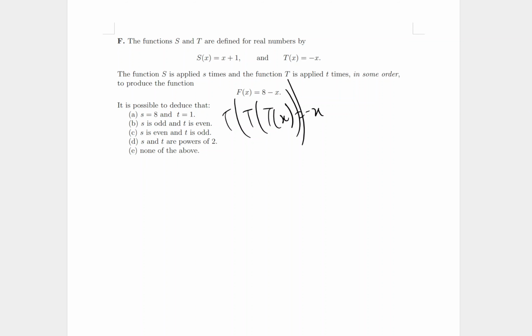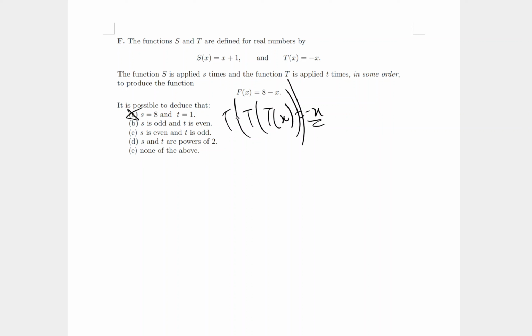So I could apply t 2 more times at will and still have the same result. So we know that A is silly, because t is not 1. T could be 3, 5, or any odd number, because I want 8 minus x essentially. Like I could apply t 3 times and then apply s 8 times, whatever.